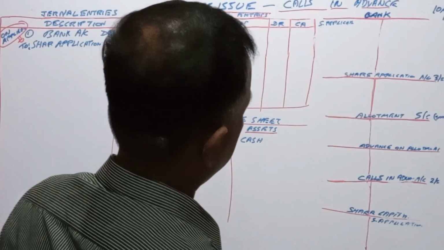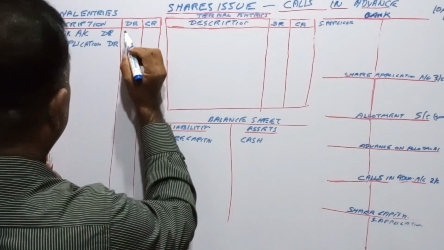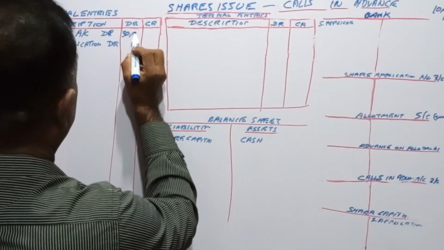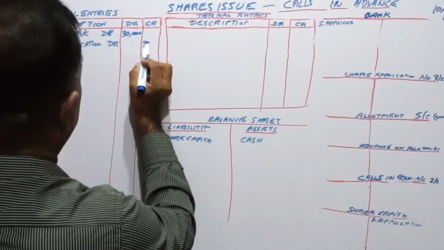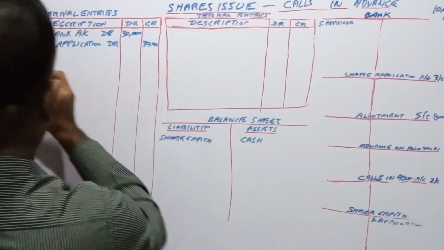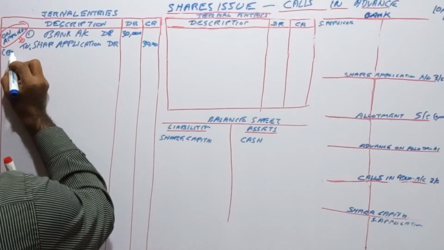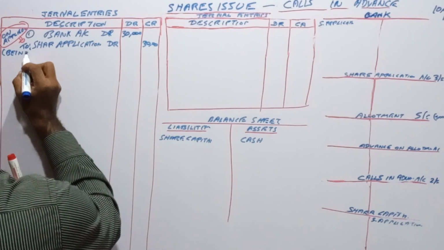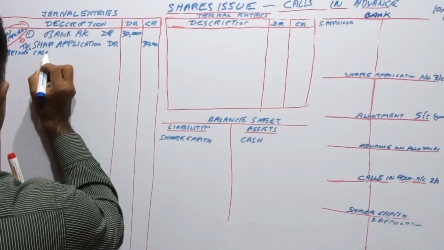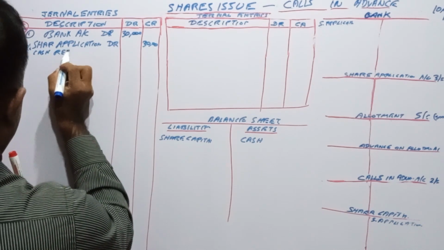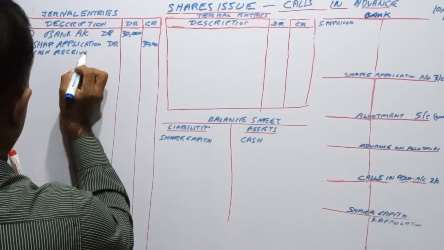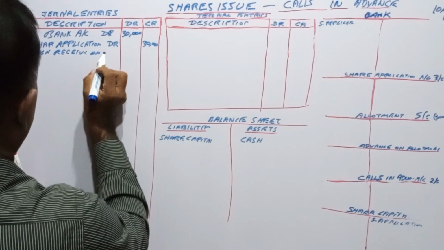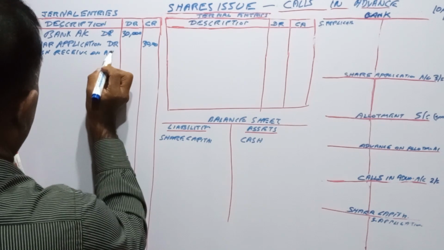How much? 3 into 10,000, 30,000 debited and credited, being cash received on application.